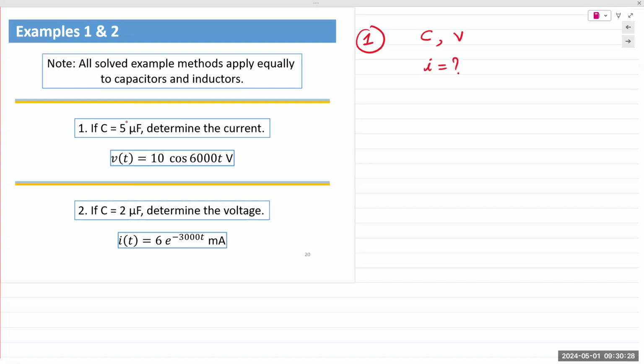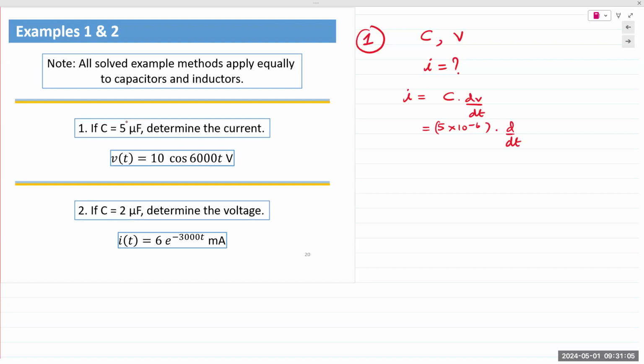As soon as you see this problem statement, think back: what is the equation for the capacitor current? I equals C dV over dt, the derivative of the voltage. Do we need to do anything except math? No, there is no other circuit analysis to be performed. There's no circuit diagram. We are just doing a simple math operation to find the capacitor current. So I is C dV over dt. The capacitance is given to us as 5 microfarads, 5 times 10 raised to minus 6.